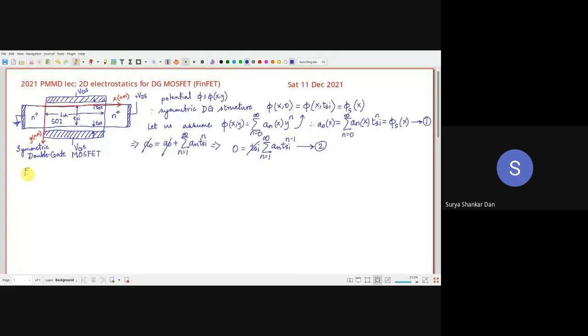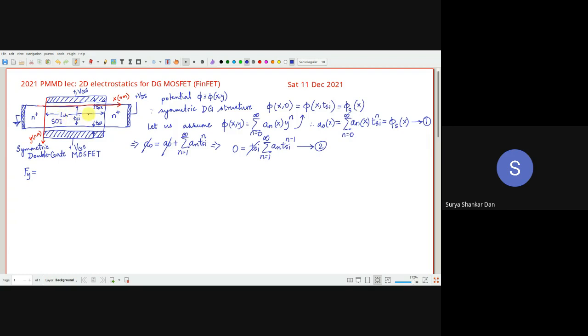We will rather consider the field over here. What is the direction of the field? Remember, you have applied plus VGS here and plus VGS there, isn't it? So the field is in the direction of y.